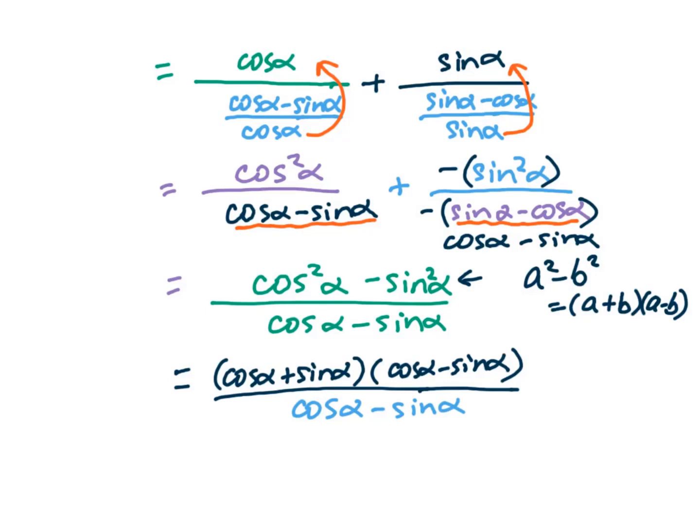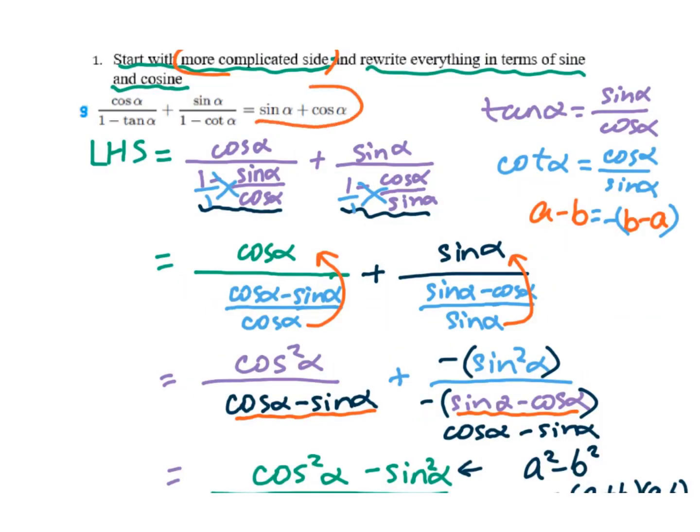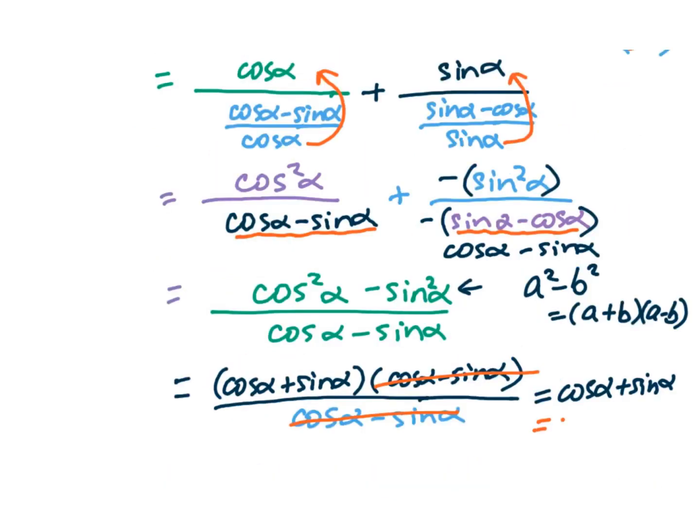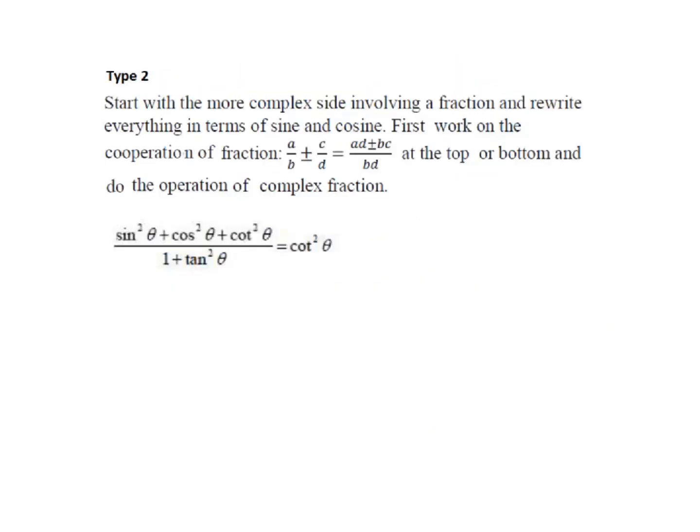This time you can reduce, and I got cosine alpha plus sine alpha. That's the right side of this trig identity. So I write down equals right-hand side. That's all. End of this proof.